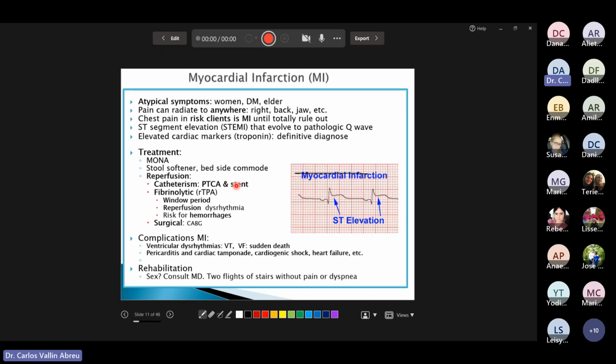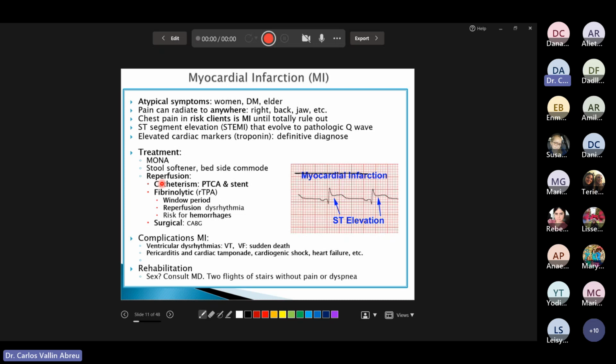PTCA is what they call that. It is the most effective intervention, and in the United States it is the first thing they do in myocardial infarction.